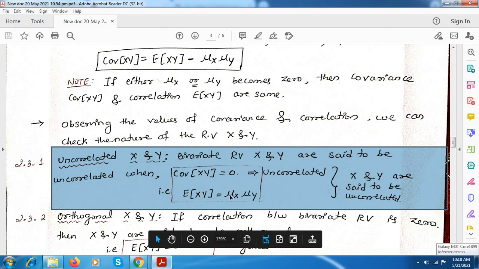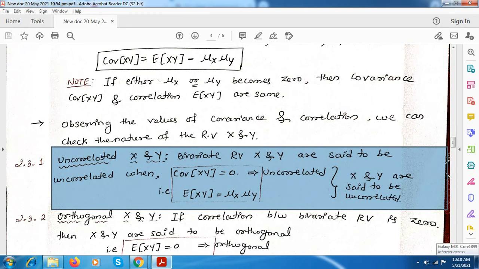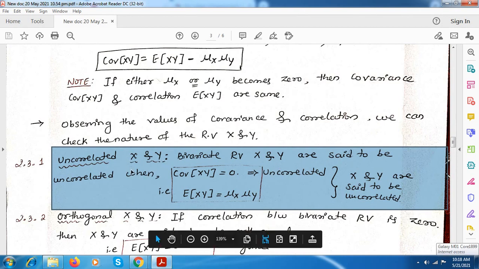If these both are equal, then we get the covariance value as 0, which means there is no correlation between the x and y random variables. Take note of this first condition, when uncorrelated x and y are there.